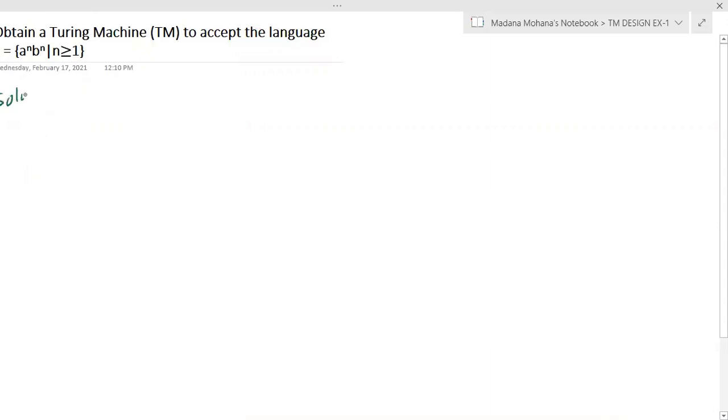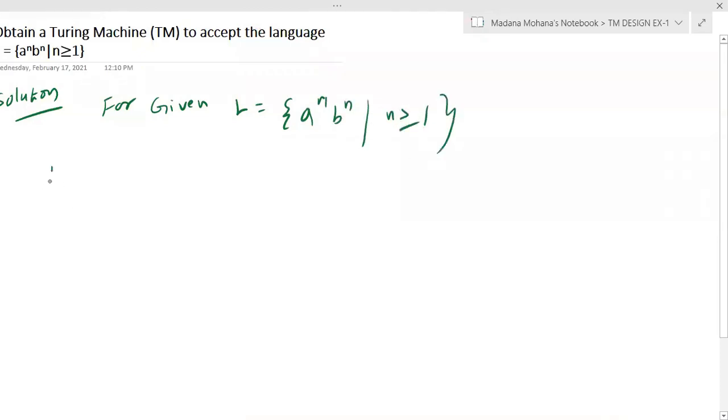So for the given language L equal to a power n, b power n, such that n greater than or equal to 1, let n equal to 3, then a power 3, b power 3 equals 3 a's, 3 b's.